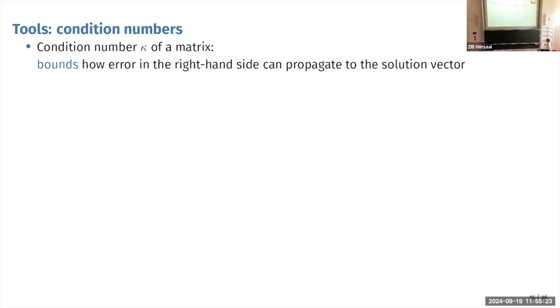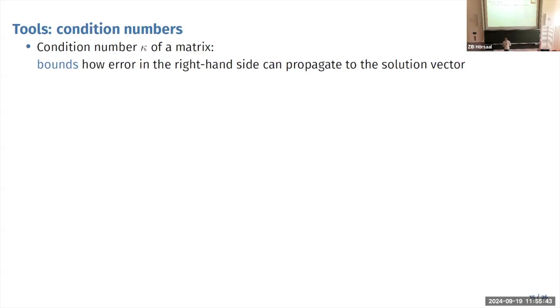But if the condition number is small, then you can be a bit relieved because that gives you really a theoretical guarantee on how errors in the right-hand side, and errors in the right-hand side essentially here means roundoff errors that happen during computation.